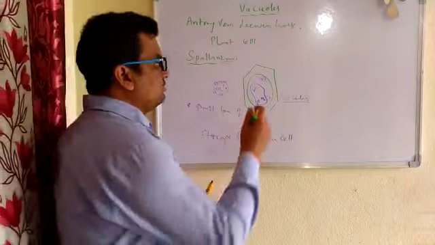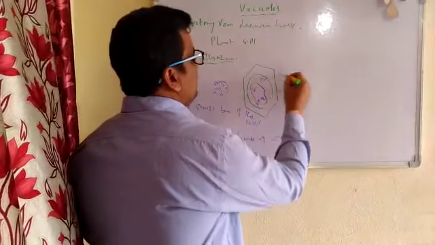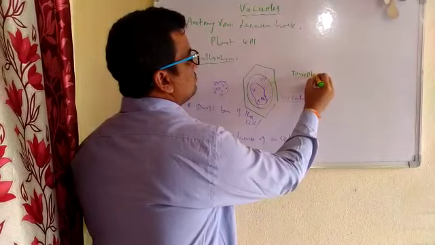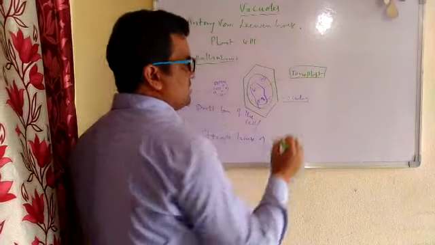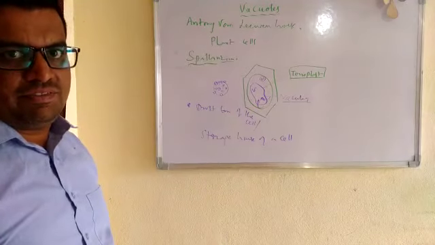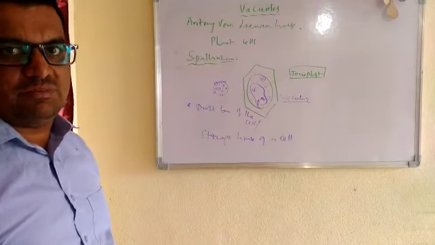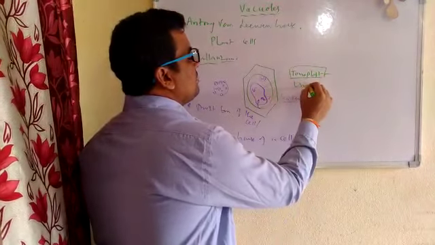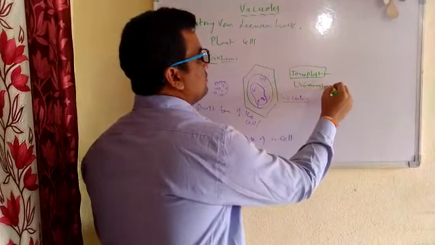Vacuoles in a plant have a specialized membrane called the tonoplast. It is a very important bit. What is the covering of a vacuole called? You have to write tonoplast. It is a unimembranous cell organelle.